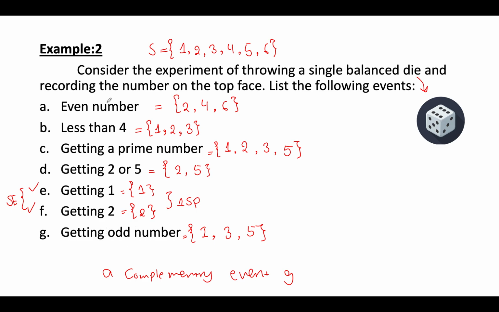If I'm looking for even, then it's impossible to get an odd number, and vice versa. All right, then we are left with B, C, D, and we consider those compound events where I can decompose the event. Also, A and G are considered compound events.